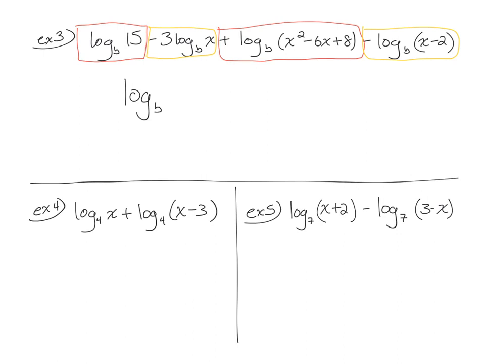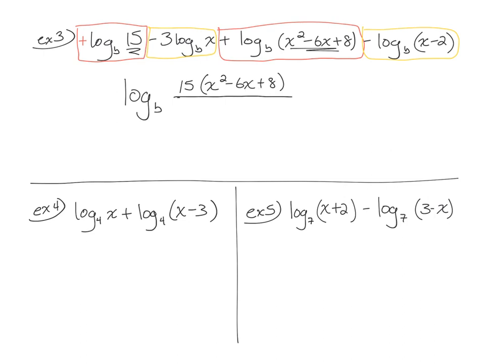Because I want to do this all in one step, and I encourage you to also do this all in one step, any log that has a plus sign in front of it, like the 2 circled in red, those will end up going in the numerator of a fraction. And in fact, they're going to be multiplied. So this will be 15, that's the argument of the first log, multiplied by the argument of the second log.